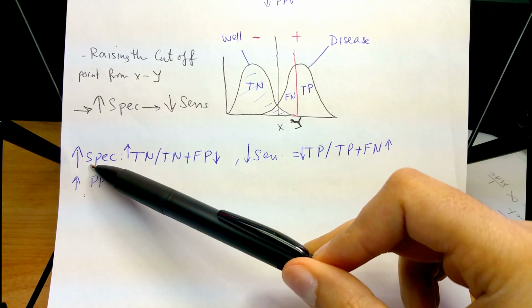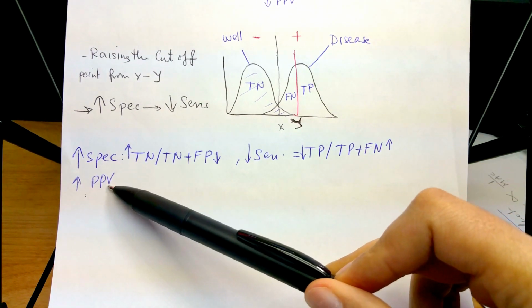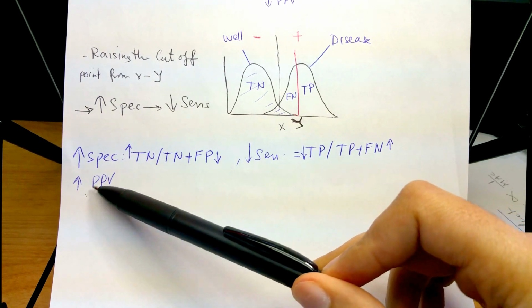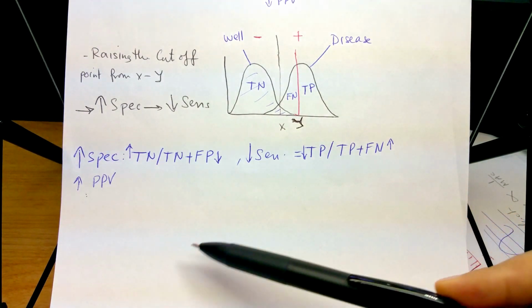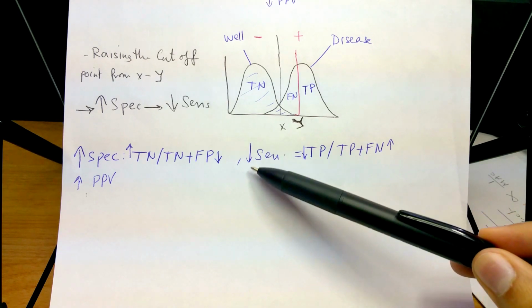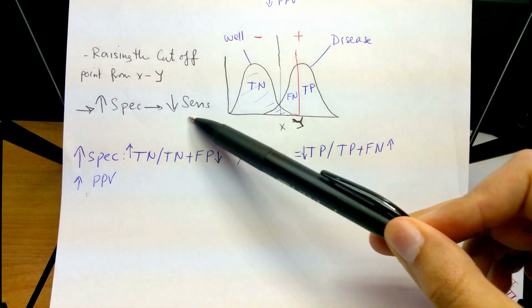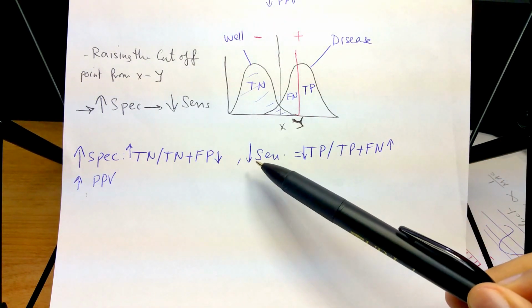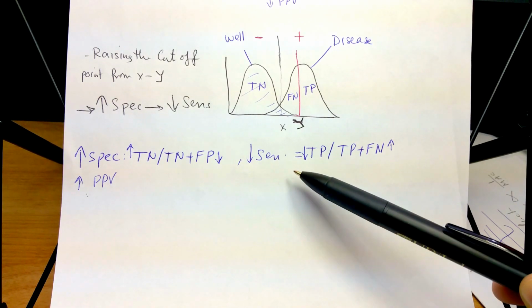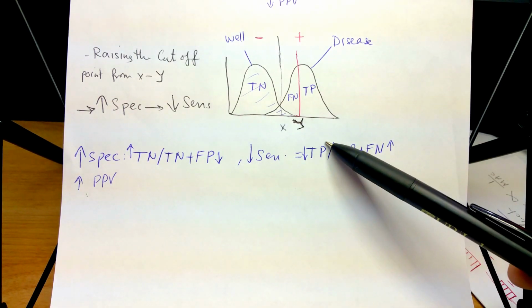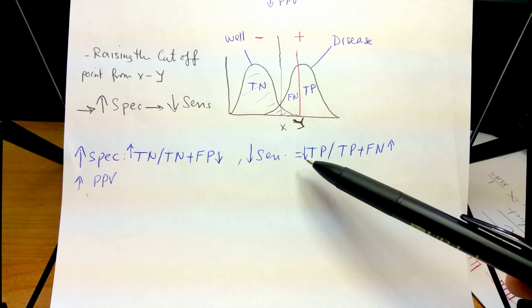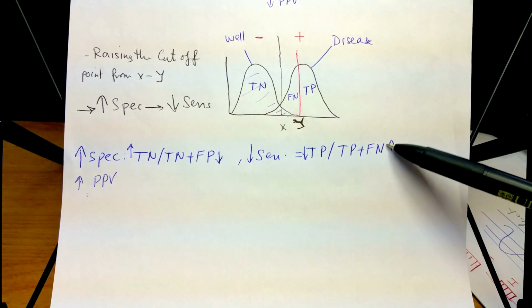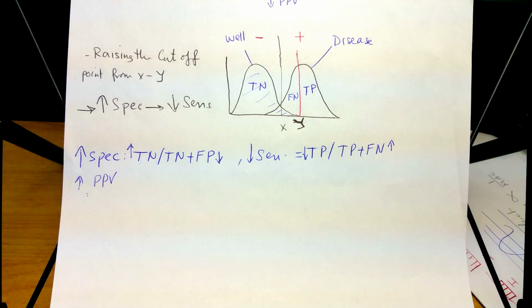We also said specificity goes with positive predictive value, so if we increase specificity, we also increase the positive predictive value. We also said here we will decrease the sensitivity of the test. Decreasing sensitivity will decrease the true positive, but will increase the false negative.